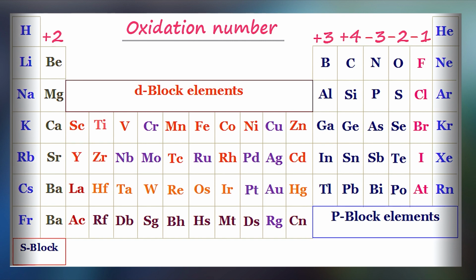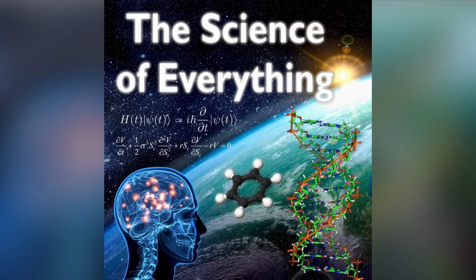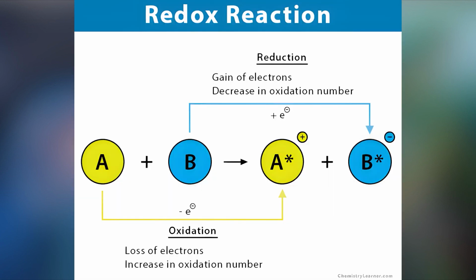So it's not the same as the actual ionic charge on each atom, but it's related to it. So when I started the podcast, at the very start, I defined redox reactions as a transfer of electrons. Now you see why that's not quite correct, because it doesn't actually have to be a physical transfer of electrons. It can simply be a change in which atom has relatively more pull on the electrons than another one. Okay, so that's what a redox reaction is.